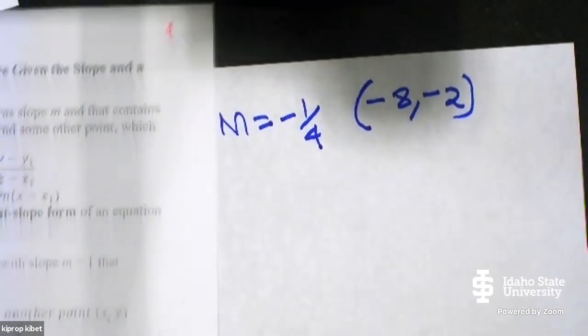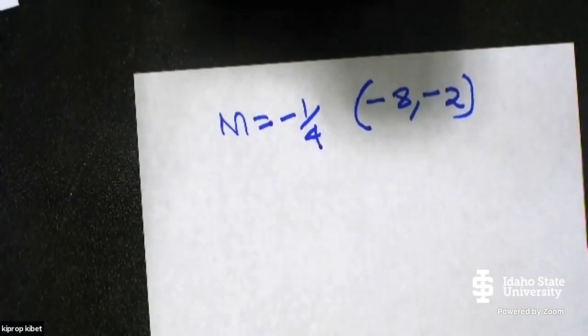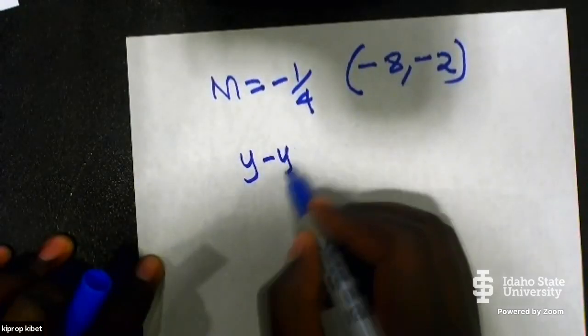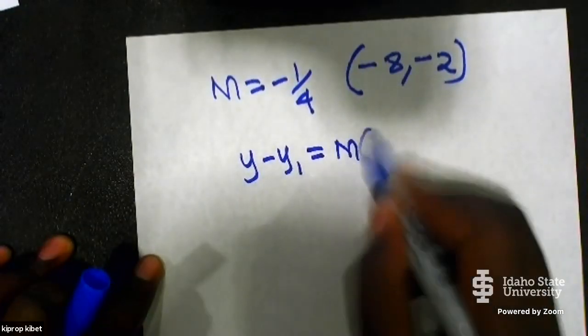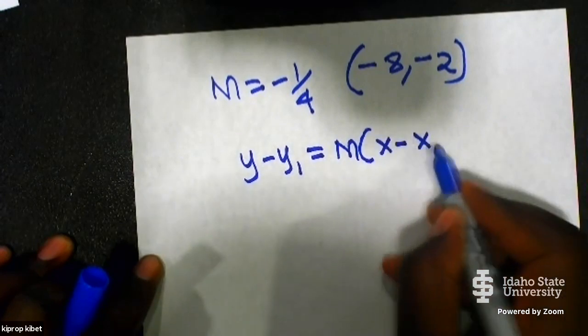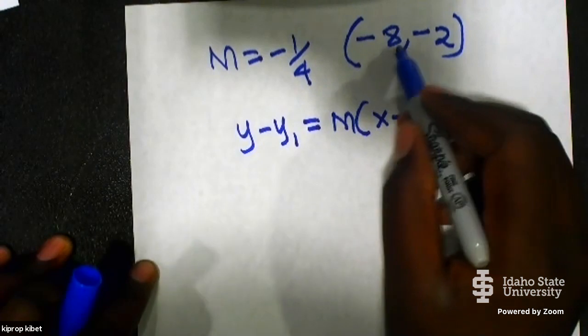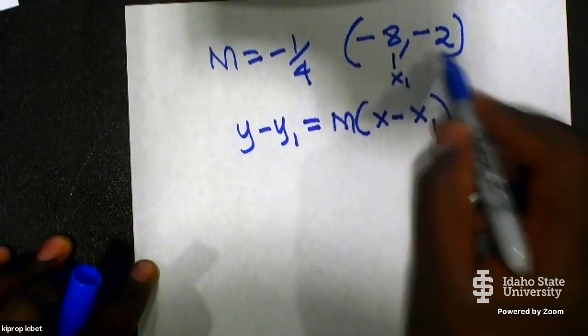What is the equation of that line? Using the same formula, y minus y1 equals m times x minus x1. So this is x1, this one is y1.